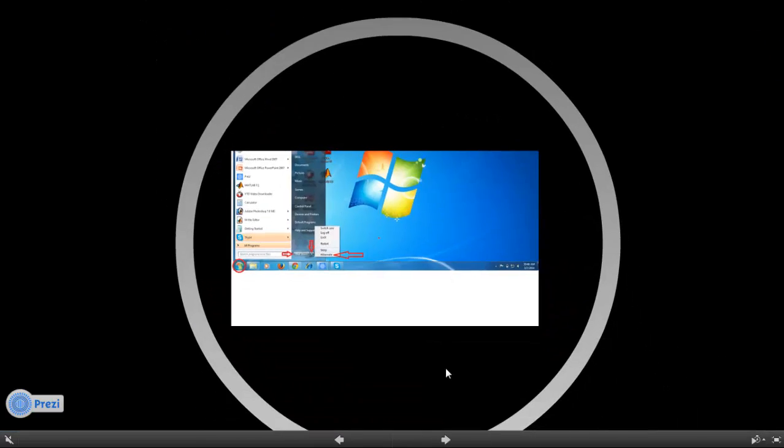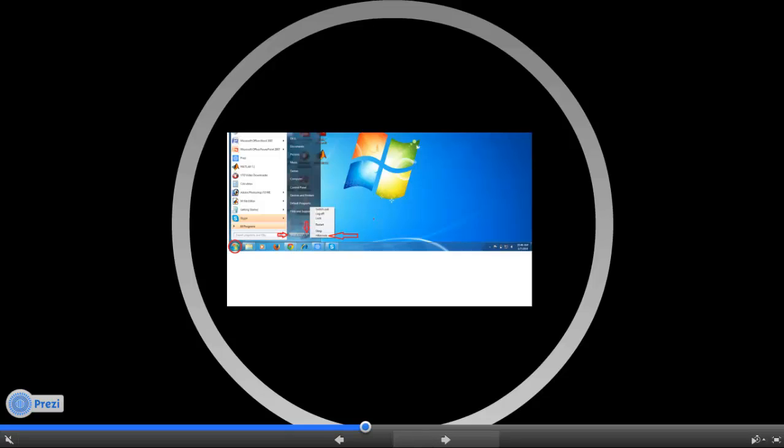Let us see the next, hibernate mode. The same steps. Start, go to shutdown. Nearby you can see the drop down arrow mark. Click that one and see the pop-up menu, hibernate. Hibernate, what does it mean? It is for when you are away from your computer or laptop for an extended period of time.